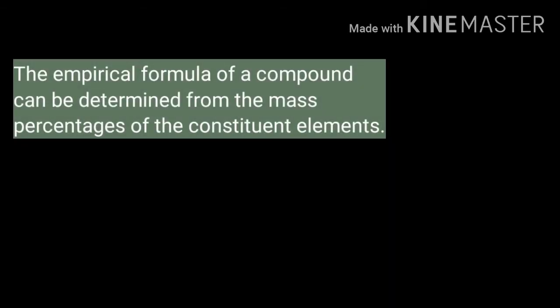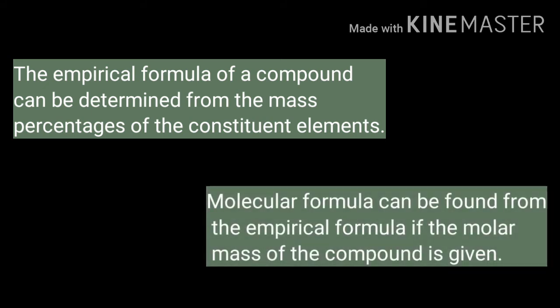The empirical formula of a compound can be determined from the given mass percentages of various elements present in that compound. Molecular formula can further be obtained from the empirical formula if the molar mass of the compound is known.